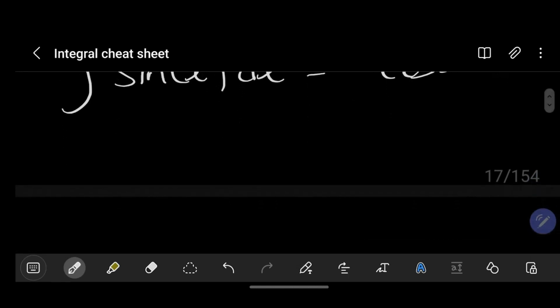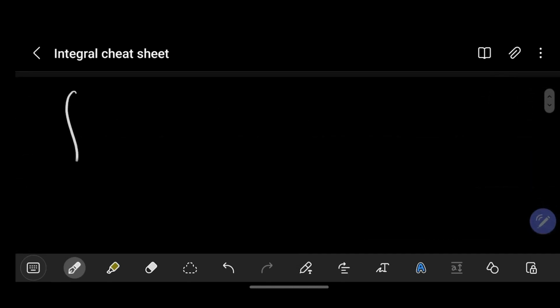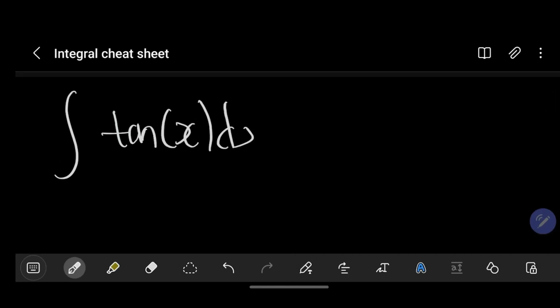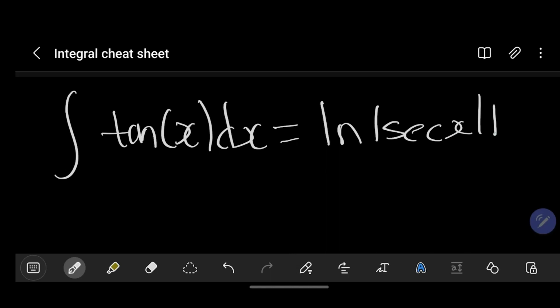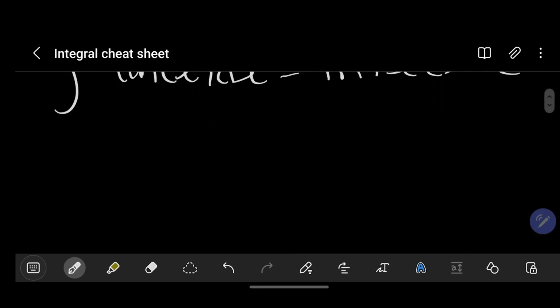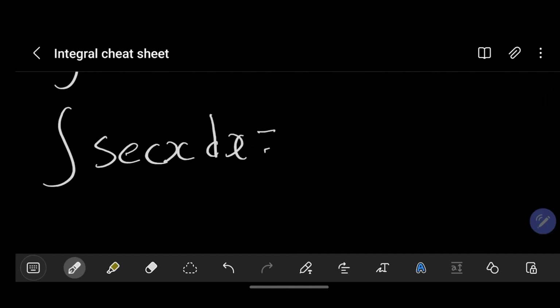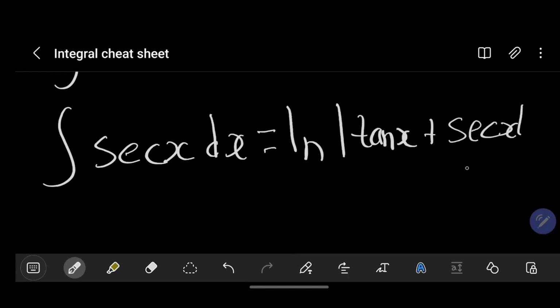Then we have the integral of tan of x dx, that's equal to ln the absolute value of sec x plus c. Then we have the integral of sec x dx, and that's equal to ln absolute value of tan of x plus sec of x, plus c.